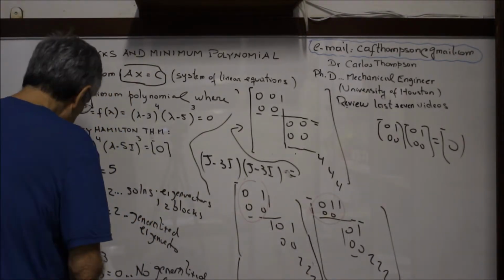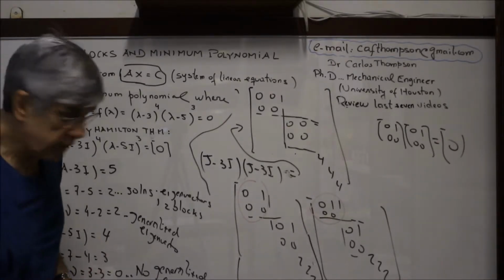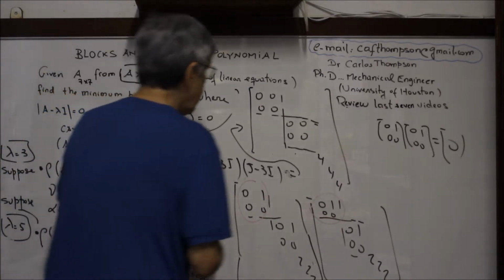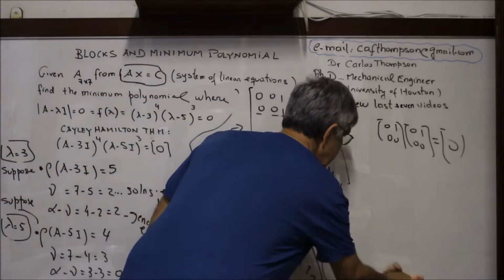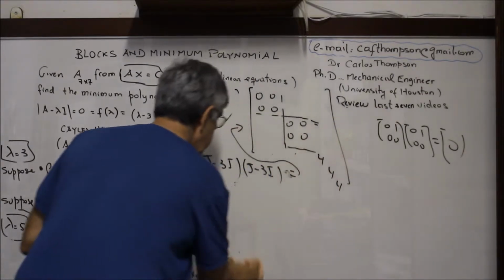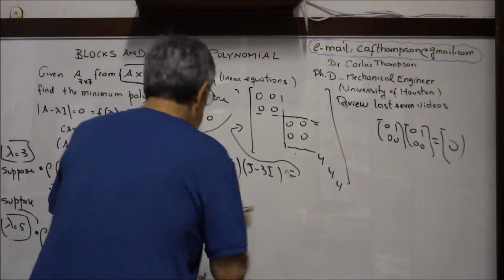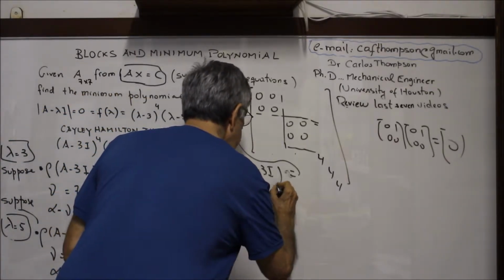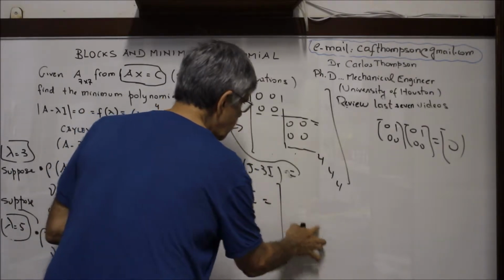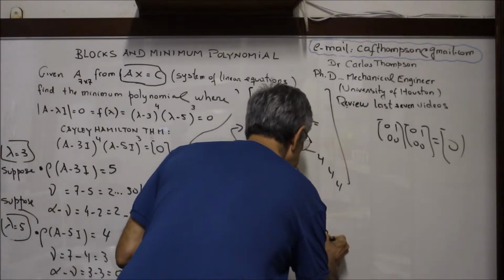Now I write for lambda equal to 5. Let's write for lambda equal to 5. J minus 5I is equal to, remember, I have 2, 2, 2, then I have minus 3, minus 3, minus 3.